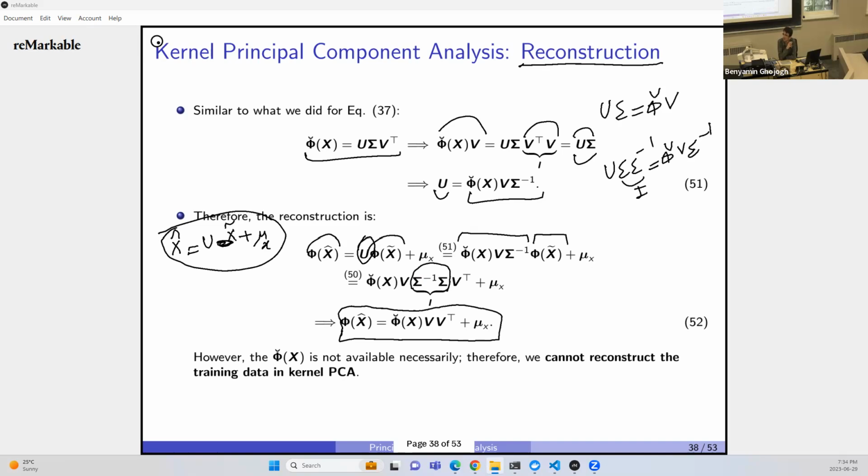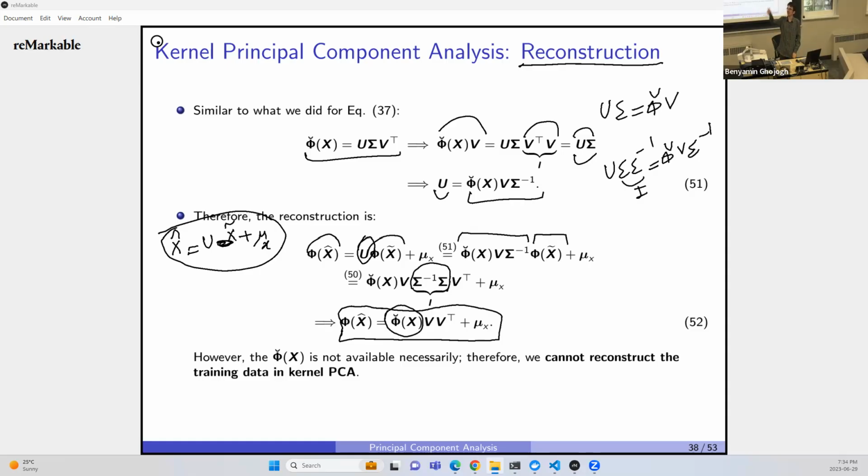It's beautiful, but can we calculate that? Can we calculate equation 52? No. Why? Because we don't have this single phi or phi back hat. Whenever you have a single phi, there is a problem. We can't do that. Therefore, in kernel PCA, we can't reconstruct training data.